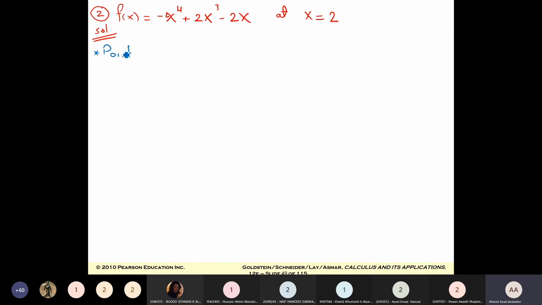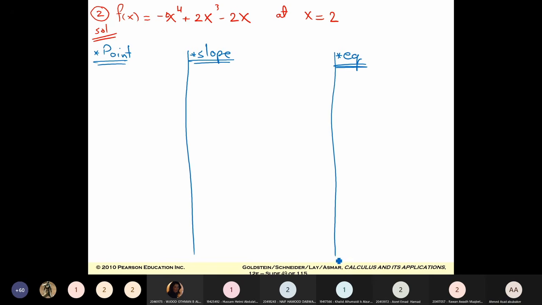Point, slope, after that we can find the equation. Okay, the point means we need to find x1 and y1.